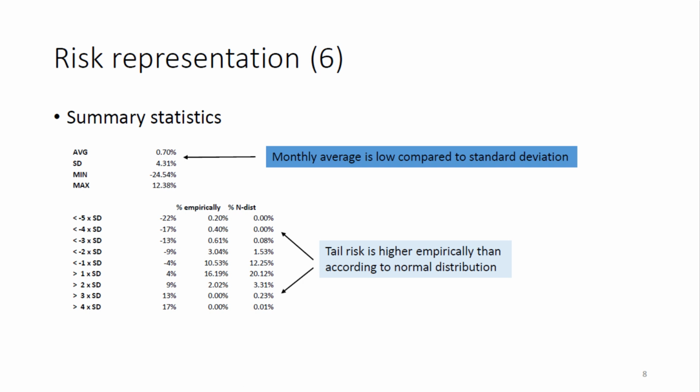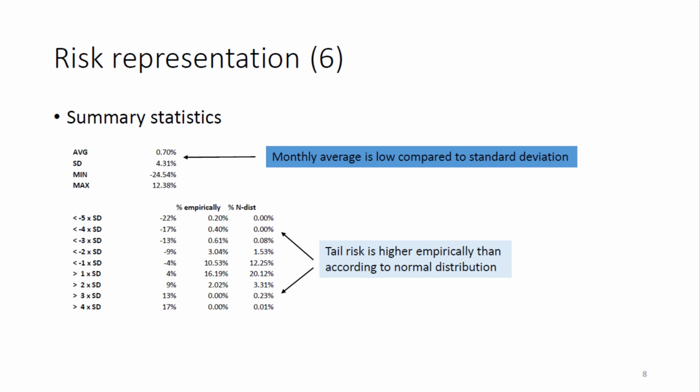The reason that I did this is to draw a comparison with the normal distribution, because for the normal distribution, if I know the mean and the standard deviation, I could take a lookup table and ask what would have been the probability implied by the normal distribution function if the average is 0.7% and the standard deviation is 4.31%. So there is an important difference between what actually happens in practice and what the normal distribution function does as a proxy for return.